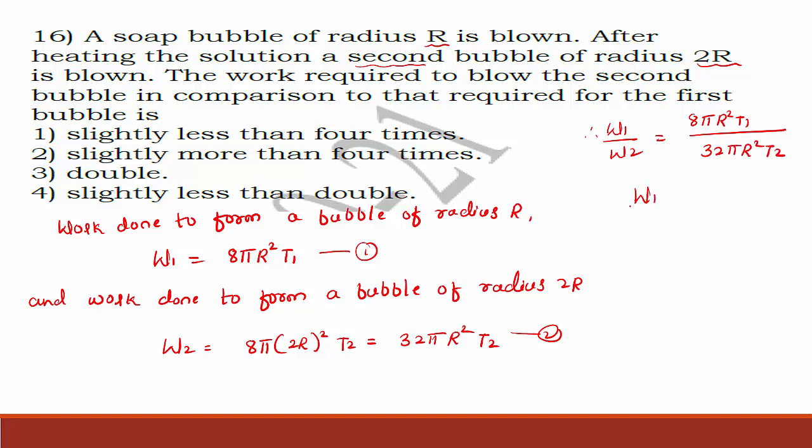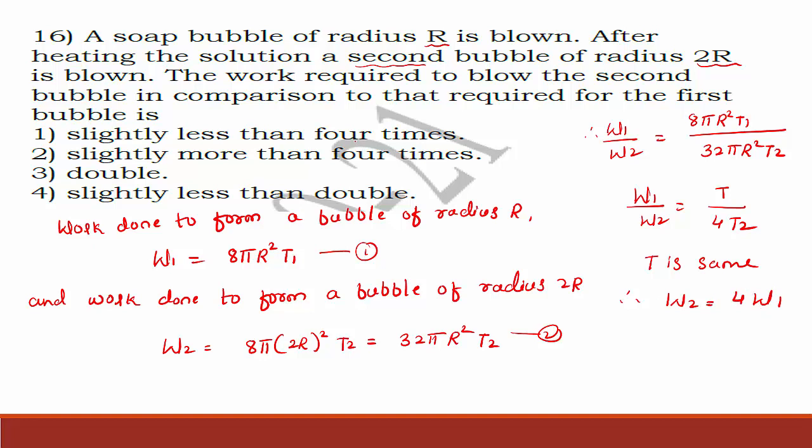Calculating this value, we will get W1 by W2 is equal to T1 divided by 4 T2. If surface tension T is the same, then T will get cancelled. Suppose T is the same, therefore I can write W2 is equal to 4 times of W1.